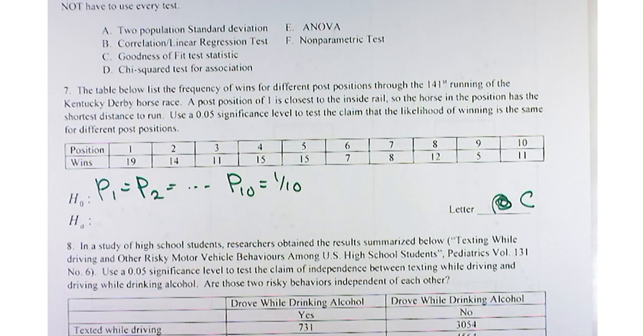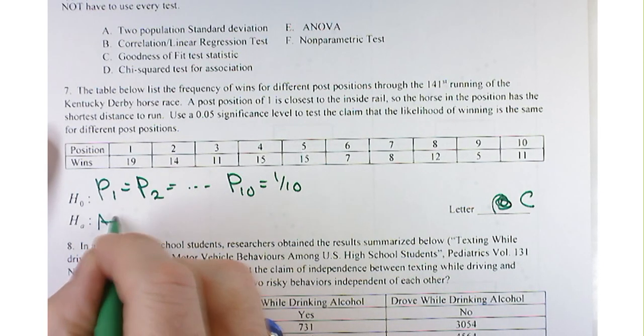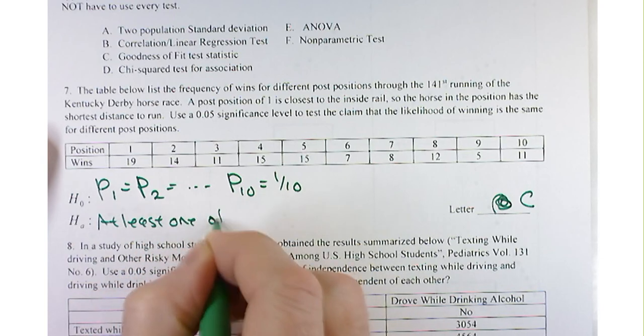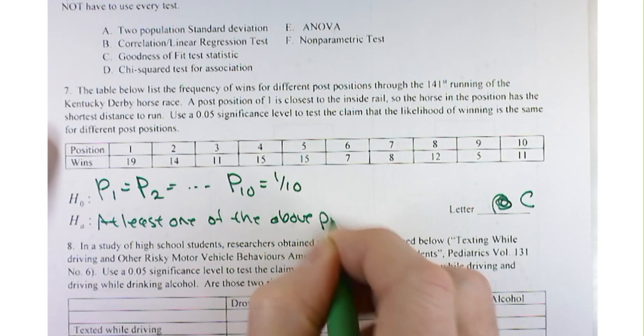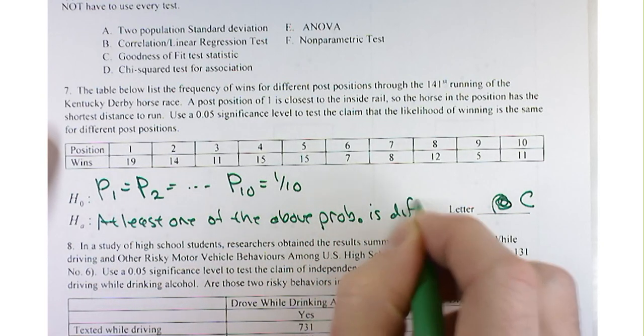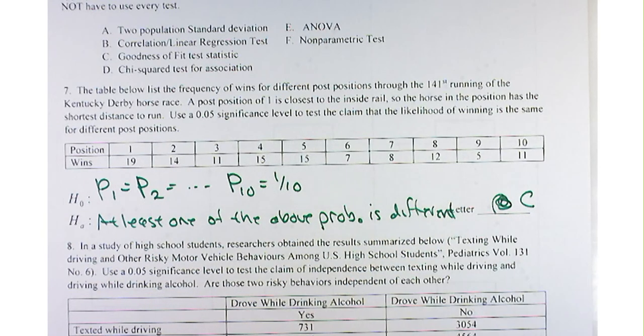Yeah, basically all those probabilities are equal to 1/10. Our alternative is kind of that catch-all alternative: at least one of the above probabilities is different. Nice.